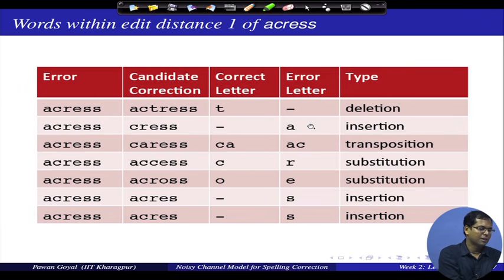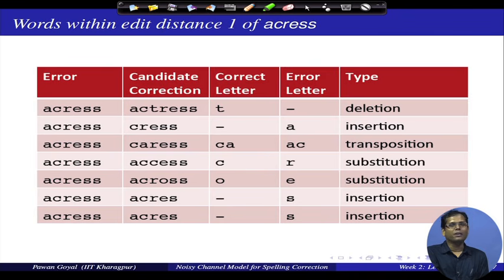Similarly, how do I go from caress to actress? I am doing a transpose. So CA changes to AC, transposition. Access to actress, C got changed to R. Across to actress, O got changed to E. Now why were there 2 acres? You see, acres to actress, I can go by doing one insertion.